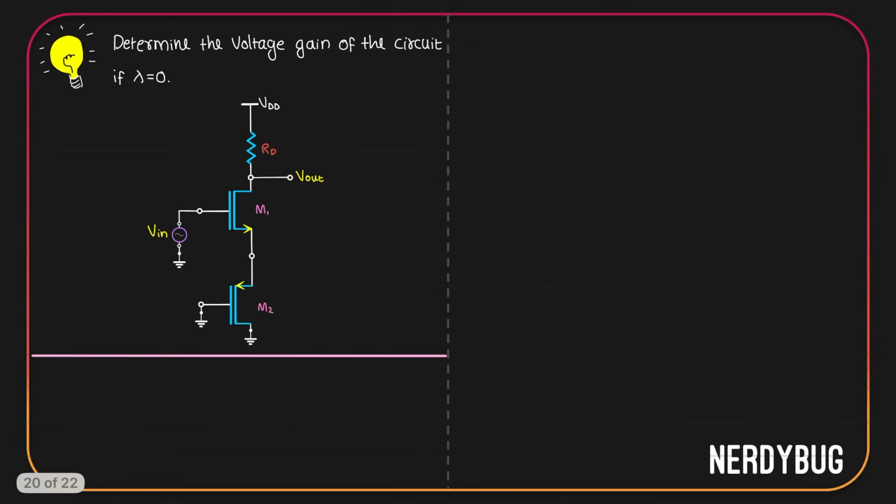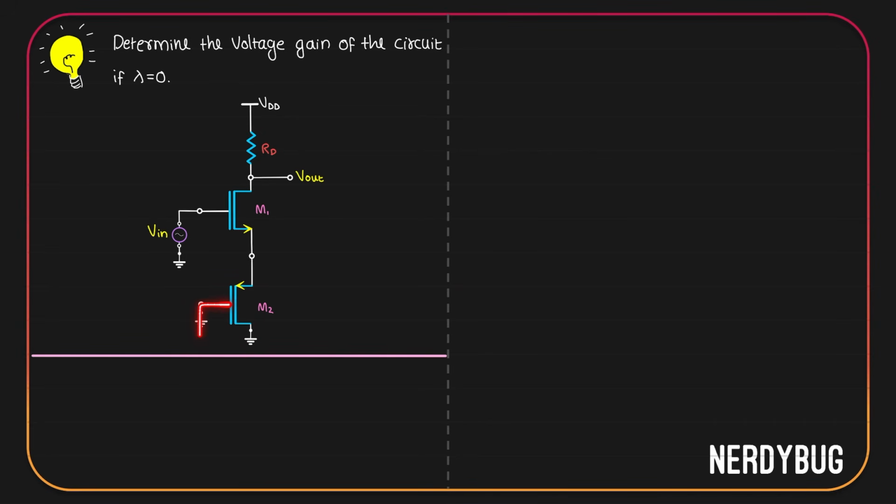Let's solve a problem now. Determine the voltage gain of the circuit if lambda is equal to 0. In the circuit, we do have an RD. The extra thing we have is instead of RS, we have a diode connected load. How is this diode connected load? You can see the gate is grounded, drain is also grounded.